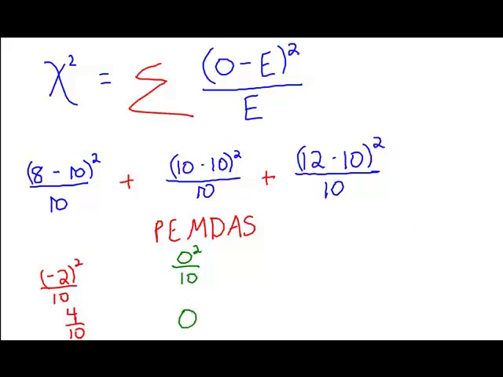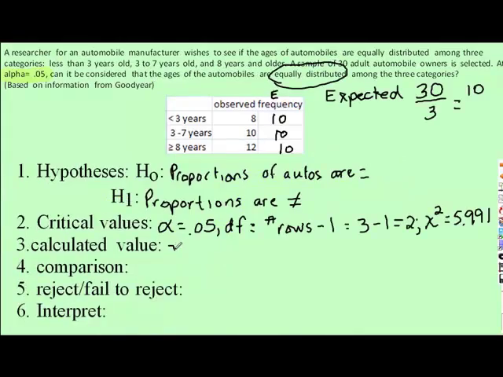My last value, 12 minus 10 would be 2. 2 squared divided by 10. Again, I have 4 out of 10. Sigma says add all those together, and I would have 8 divided by 10, or 0.8. Calculated value of chi-square would be 0.8.